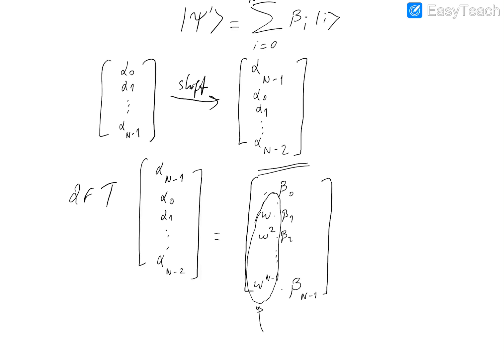Right? So if we shift the input vector one row down, then we get phase coefficients from the second column of QFT as multipliers of the amplitudes.